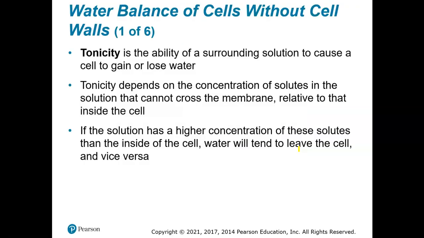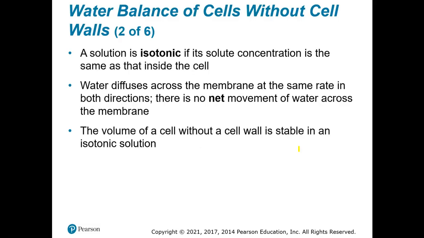Now, the word tonicity is related to the concentration of solute. So we say that a solution is isotonic if its solute concentration matches the solute concentration inside the cell. So isotonic means equal or the same.